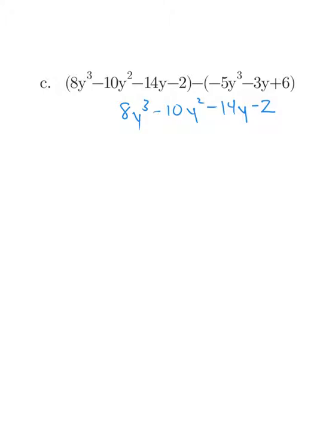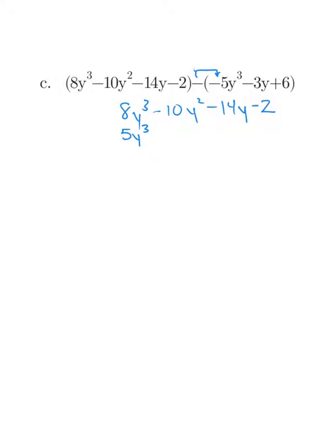When I do this with a subtraction, I always choose to distribute my negative first before putting my terms underneath. So on this one, I distribute the negative to negative 5y cubed. That's going to become a positive 5y cubed, and I'm going to put it under the 8y cubed since they are like terms.